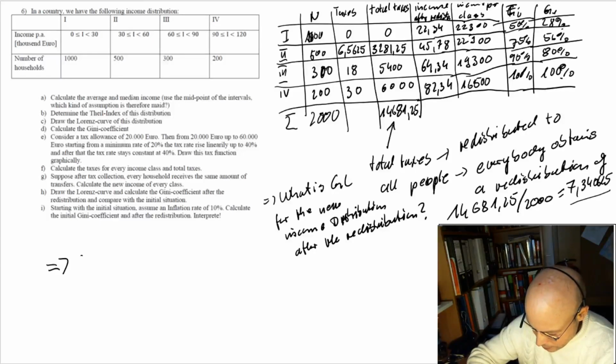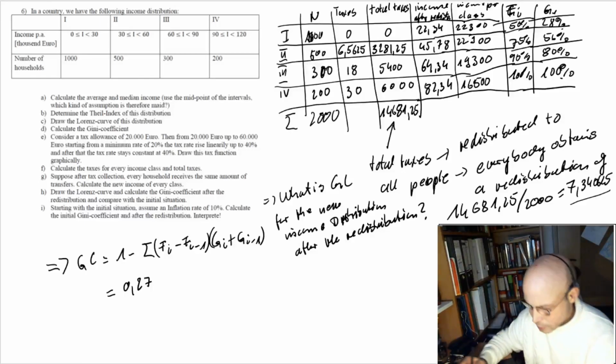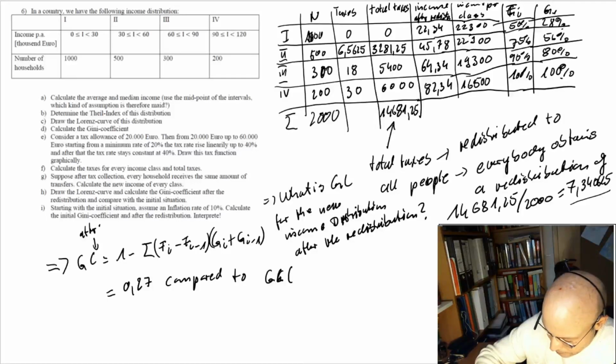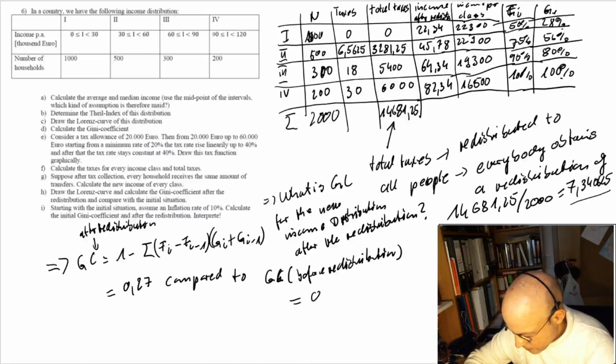And then of course GC is 1 minus the sum of Fi minus Fi minus 1 times Gi plus Gi minus 1 equals 0.27, and compared to GC, so this is after redistribution, and this is before redistribution.